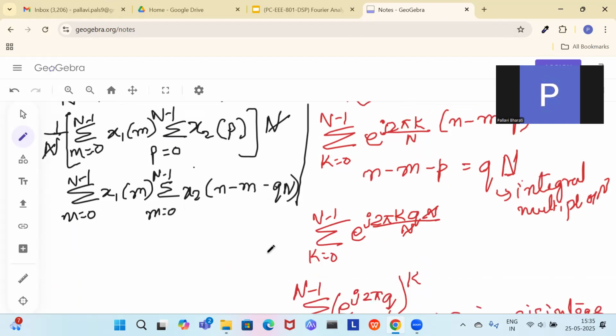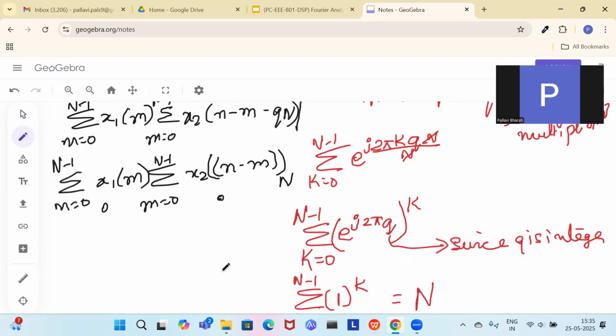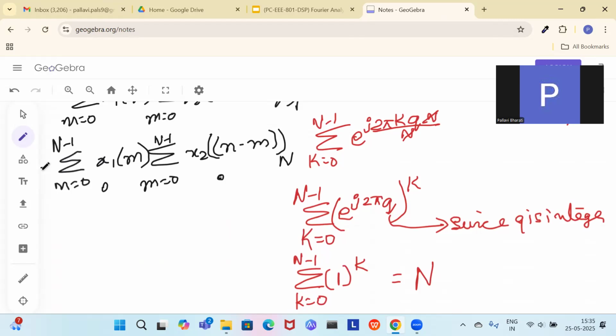So how we write it again is m equals 0 to capital N minus 1, x1[m]. Now, again, if you write it, m equals 0 to N minus 1, x2, fine, you can write it as n minus m, just a shifting with modulo of N. This is the convolution portion, right?